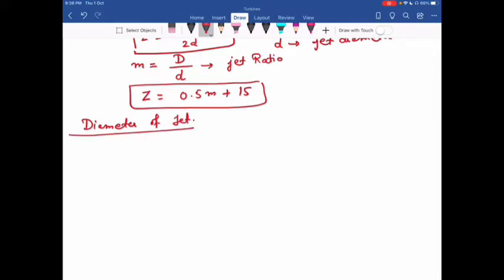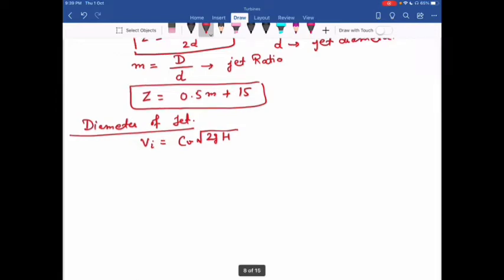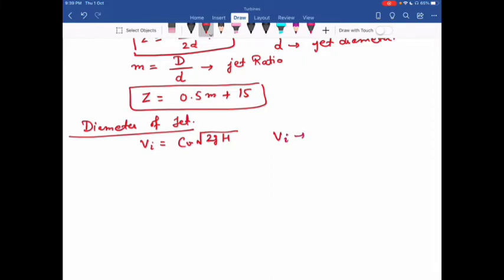The next is the formula for diameter of the jet. So we know that velocity of jet that is coming out from the nozzle is given by Cv under root of 2gH. Here Vi is the velocity of jet, or you can say this is the inlet velocity to bucket.